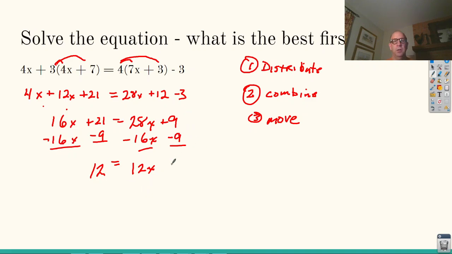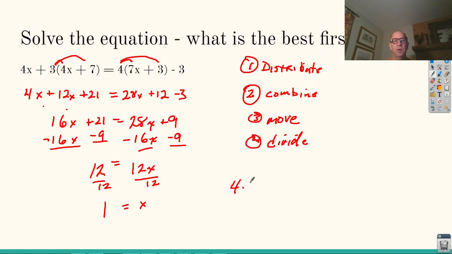These are gone. These are gone. Now the last step is going to be usually divide if necessary. And so I'm going to divide by 12. And I have x equals 1. Go back and check.